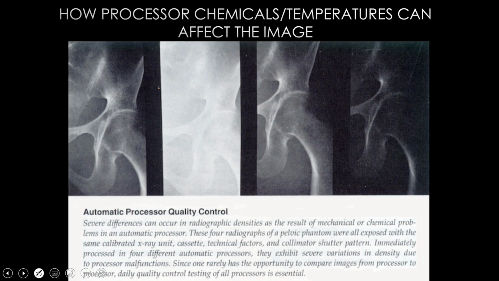So as you can see, the first image probably looks the best out of all of them. The second one is underexposed. You see it's too white. The third one doesn't actually look too bad either. And then that last one is overexposed.